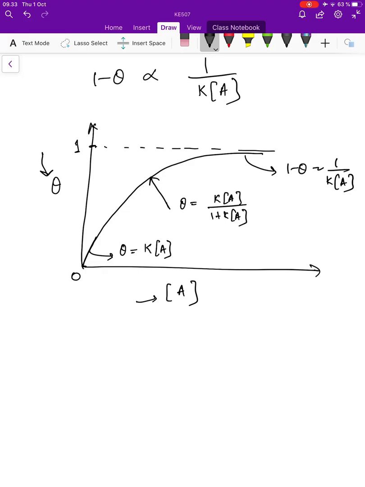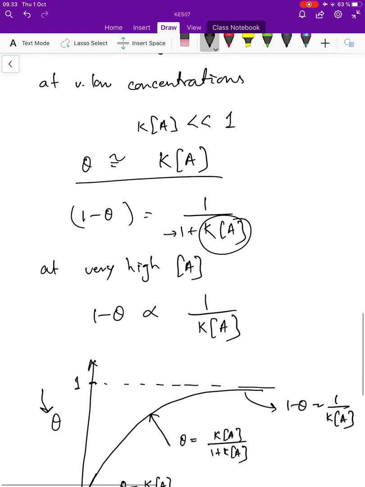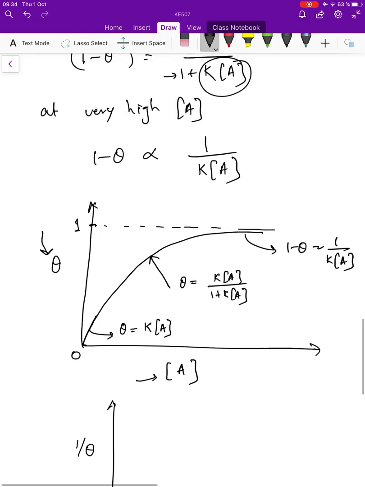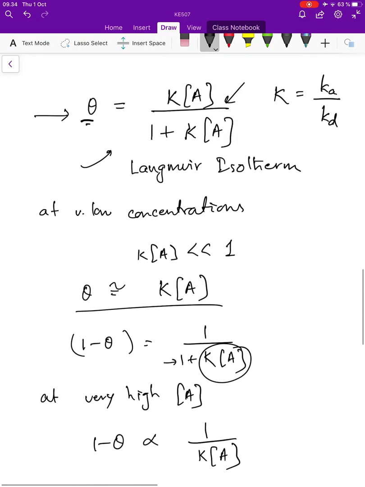We'll do some exercises where we make a plot to verify whether something follows the Langmuir isotherm. To do that, what you can do is plot 1 by theta versus 1 by the concentration of A. So the inverses.